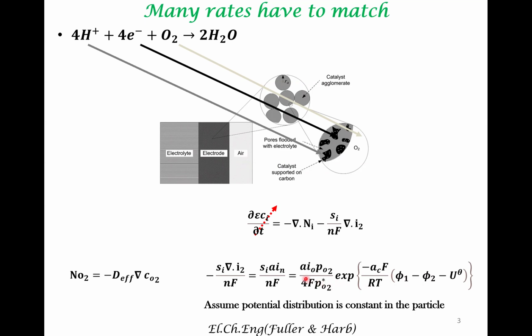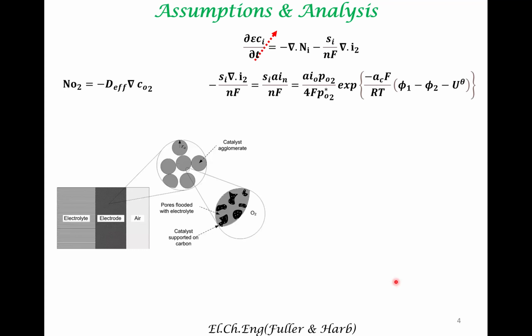Again, the subscripts 2 and 1 refer to 2 referring to the liquid electrolyte, and 1 referring to the electronic conductor phase. So all these things have been clarified in previous lectures. Please refer to them.